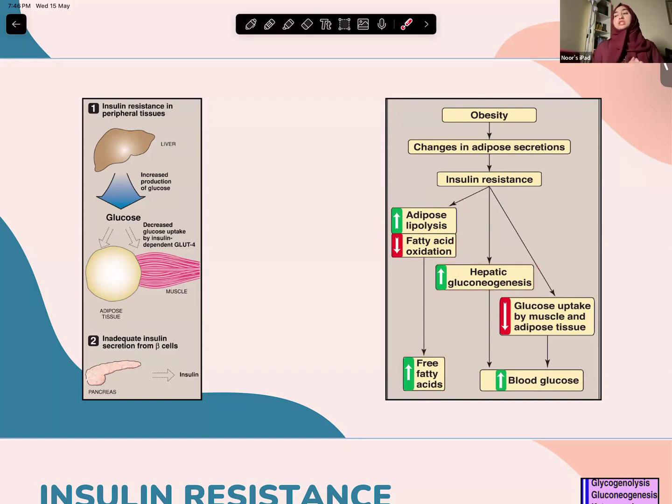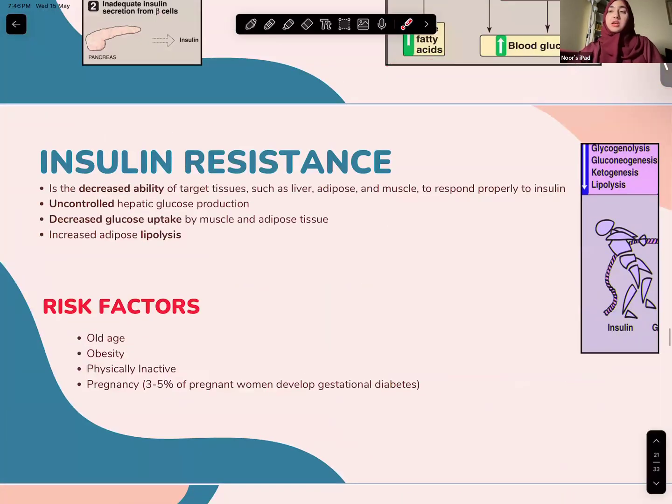Like I said, gluconeogenesis is basically the production of glucose from non-carbohydrate precursors in order to generate energy. And it also decreases glucose uptake by muscle and adipose tissue, which increases the blood glucose. So remember, in type 2 diabetes, we have increased free fatty acids and increased blood glucose.